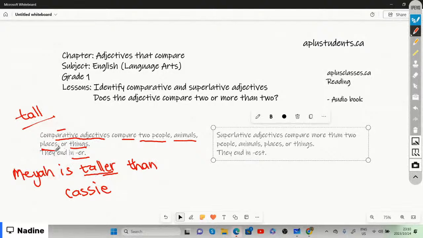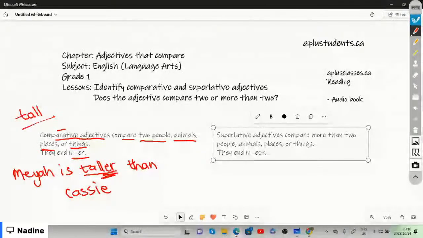And that is a comparative adjective because we have compared these two people, which is Mia and Cassie. And we said Mia is taller than Cassie. We can't say Mia is tall than Cassie. No. You need to add an er to the adjective.